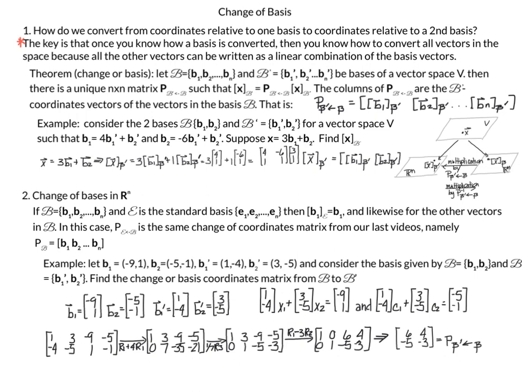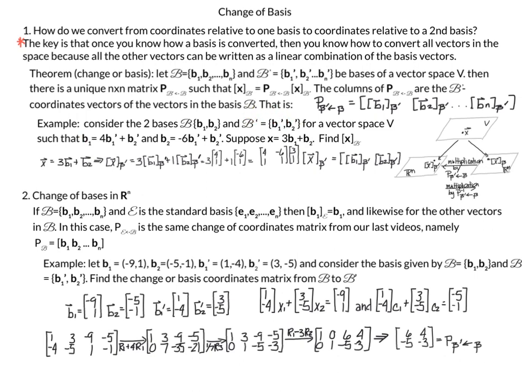So for example, if we have two bases, B equals b1, b2, and B prime equals b1 prime, b2 prime for a vector space V, such that we can write b1 as a linear combination of B prime, and of course we can do that because B prime is a basis.